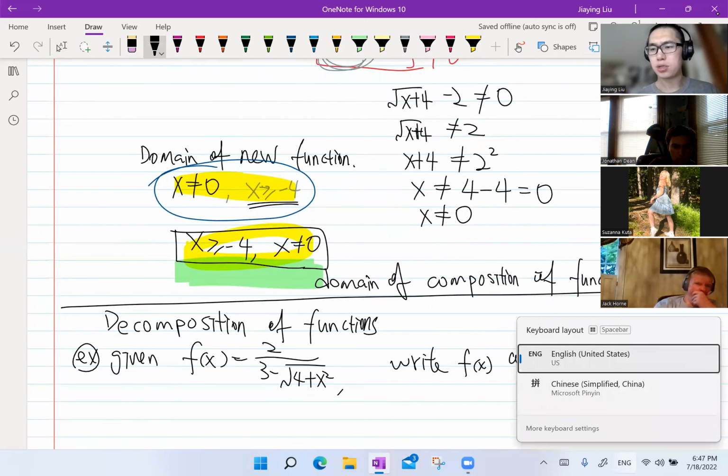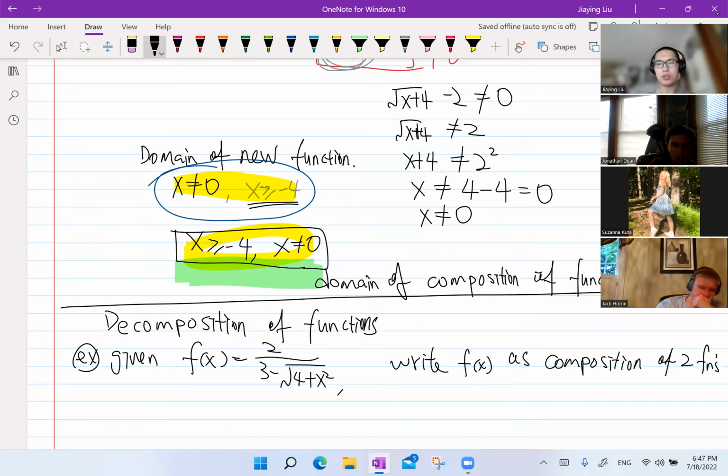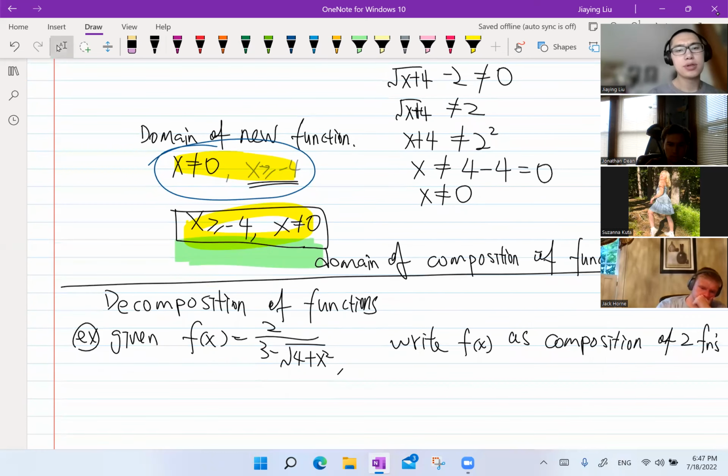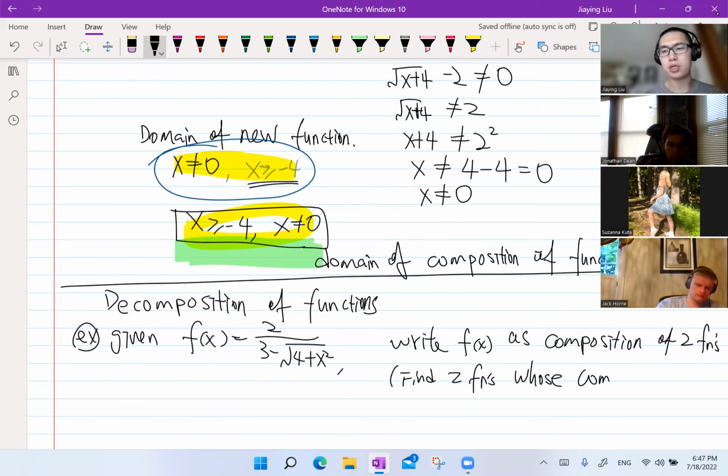So what that means is that we're going to find two functions that when we compose them, we get f of x. So what this means is find two functions whose composition is f of x.